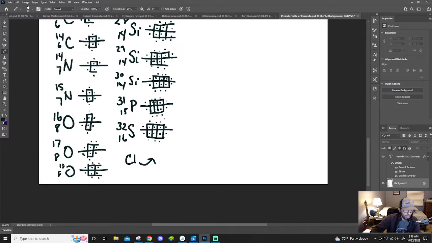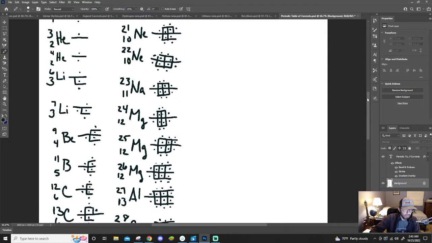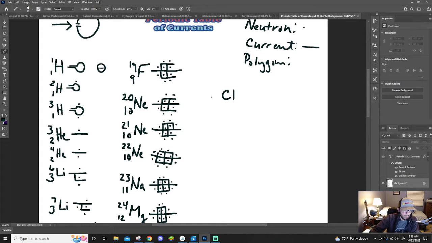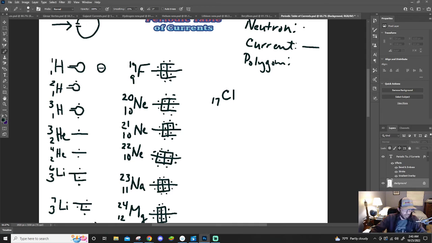This structure is very stable. It takes enough energy to break through this structure, but it doesn't just break through it. It goes up and it's a single proton, but to 35 and 37.